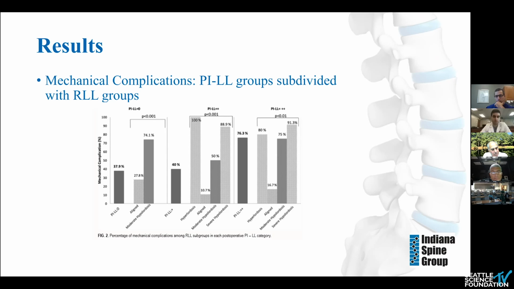So for example, in the 0 group, you look at it and say all comers, there's 38% mechanical complication rate there. But if you look a little closer and you use those other calculations, you can see that there's some granularity between those two, where if they're aligned according to that, they're significantly less, and you can see that kind of bores through in the positive and the double positive groups there.